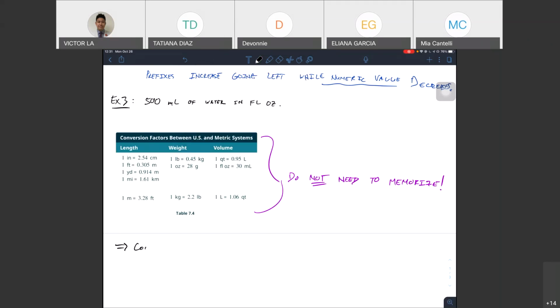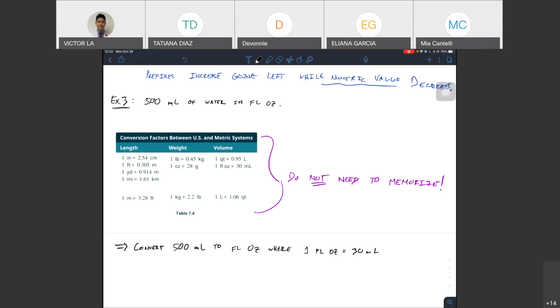Convert 500 milliliters to fluid ounces, where 1 fluid ounce is equal to 30 milliliters.